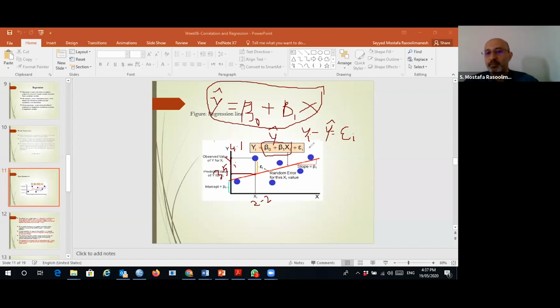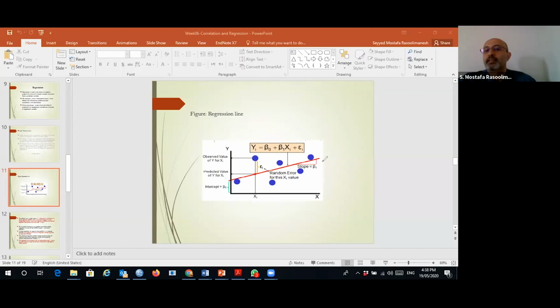This line can represent this relationship, but with a bit of error. Right? So the regression equation, or regression line, represents the relationship between x and y.